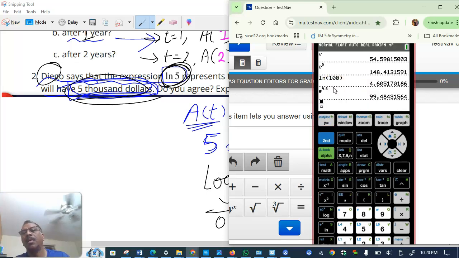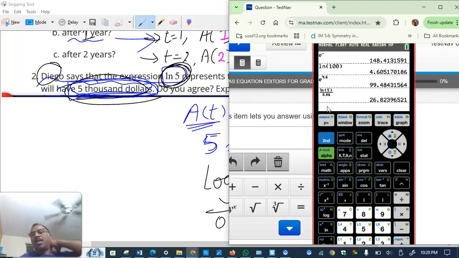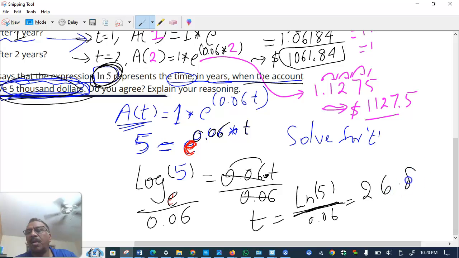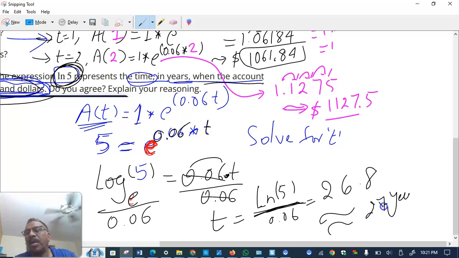The top one is ln of 5, close it, and the one down below you put 0.06. Enter, and you get almost 26.8, which is like 27 years. So after 27 years, the account balance will be $5,000.